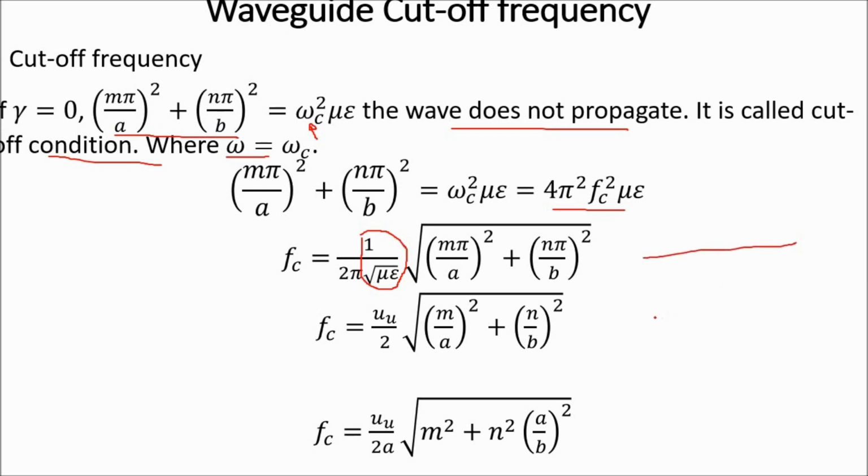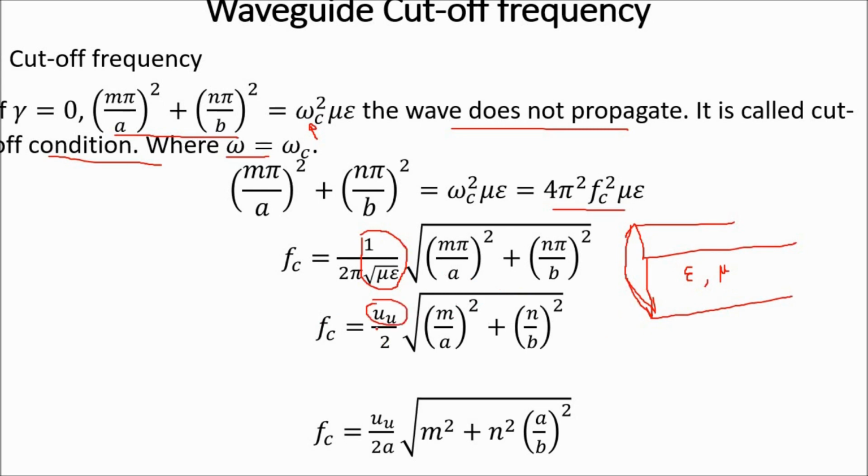region. For example, let us assume this is your waveguide. Inside the waveguide you have a dielectric material with epsilon and mu. If there is no waveguide surrounding this dielectric, then this dielectric will propagate the signals with this speed, 1 over the square root of mu epsilon.